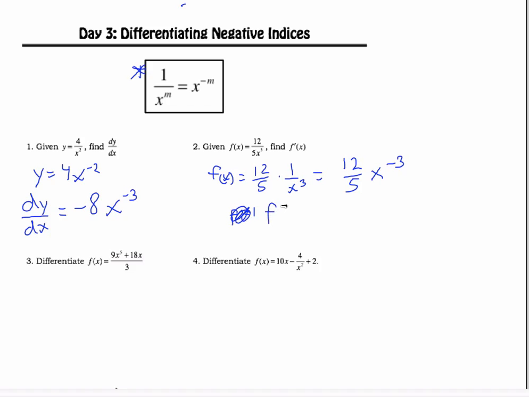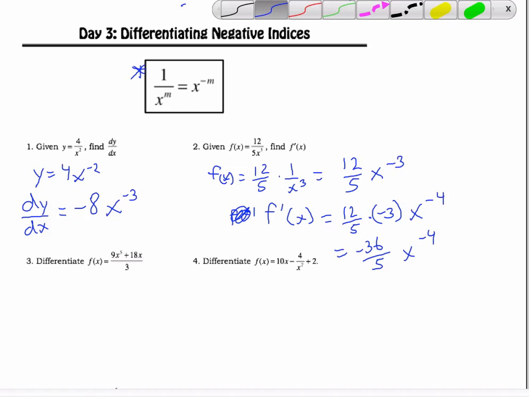This should be f prime of x equals 12 fifths times the exponent, which is negative 3, and then we reduce the exponent by 1. Okay, and so we can work that out. We're going to have negative 36 fifths times x to the power of negative 4.